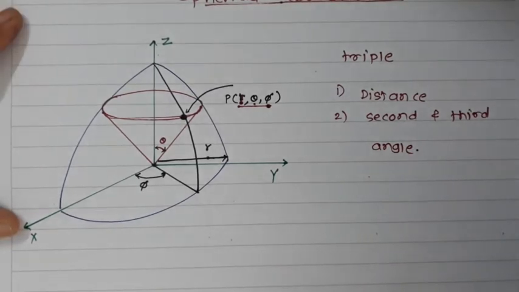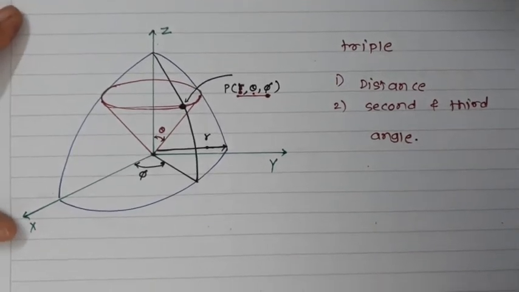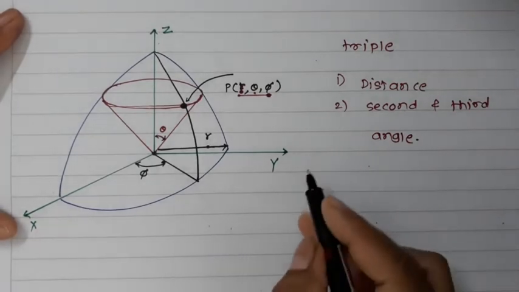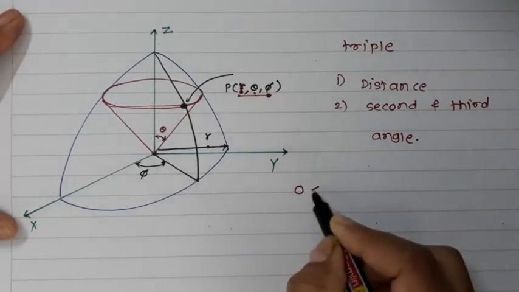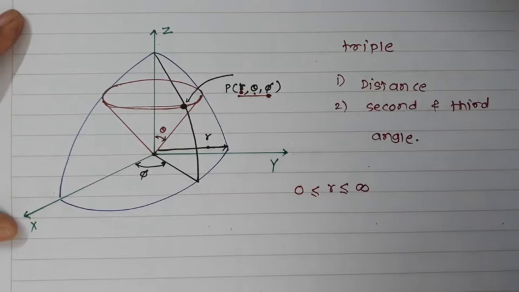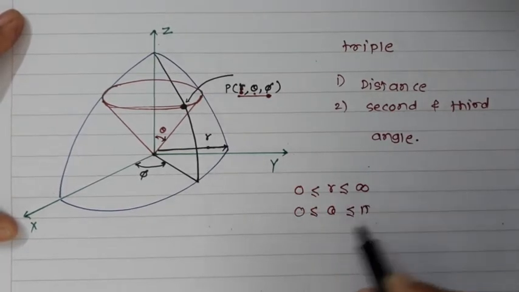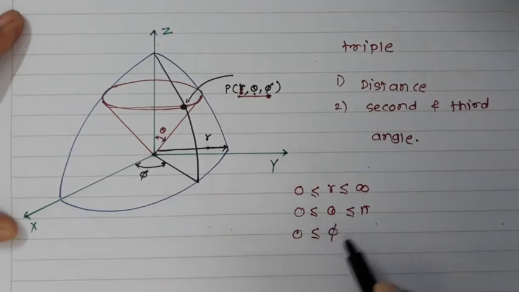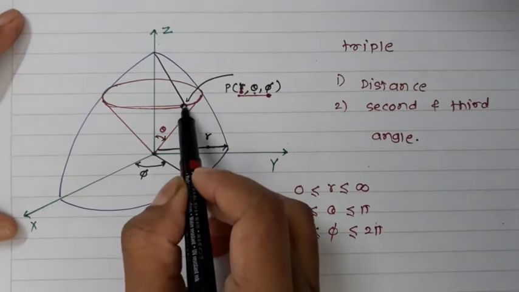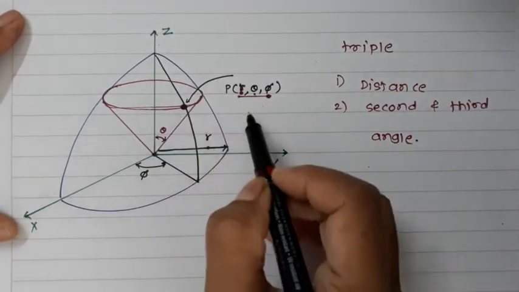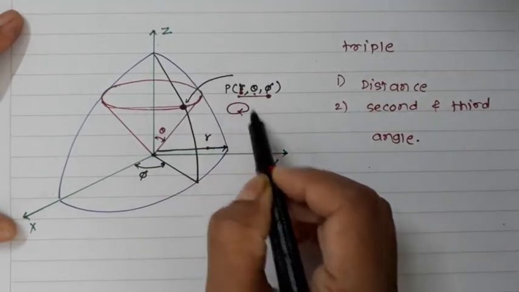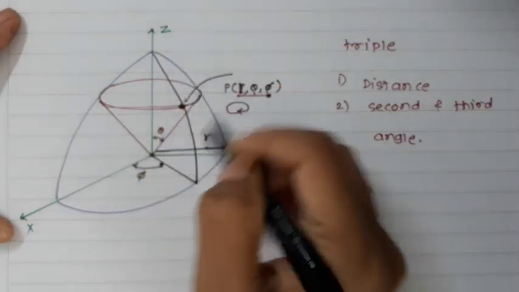Now what are the ranges here? If you talk about the ranges of this particular triple, r is from 0 to infinity, theta is from 0 to pi, and phi is from 0 to 2 pi. When we talk about the testing at this particular point, we will talk about the rotation of this antenna through a complete 360 degrees, and a vertical rotation.